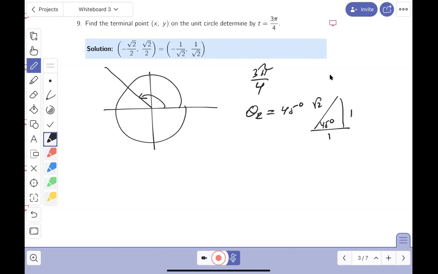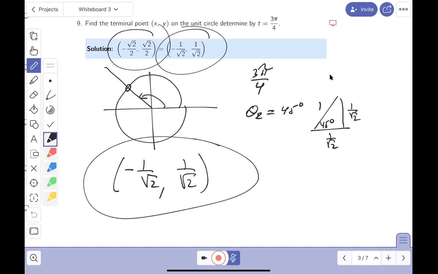Now let me just get my eraser out. What would you get? 1 divided by root 2, 1 divided by root 2. So what's this point over here? No, I'm looking at my reference triangle. I know the x-coordinate is negative, and it's 1 over root 2. And I know the y-coordinate is positive, and it's 1 over root 2.